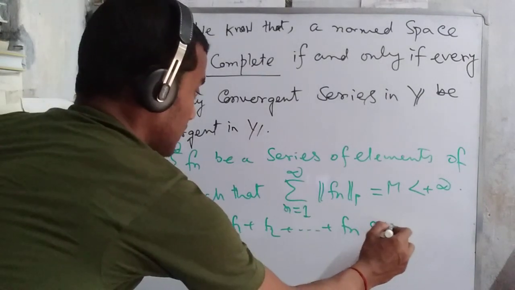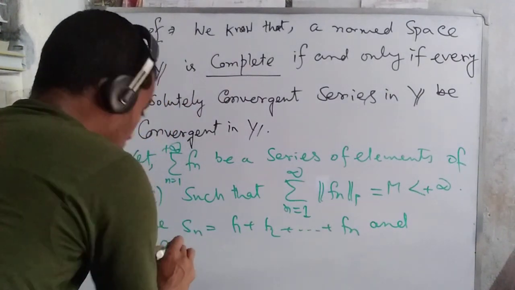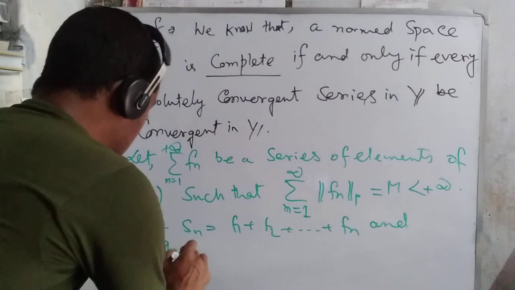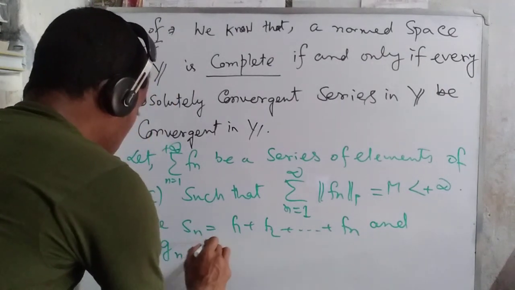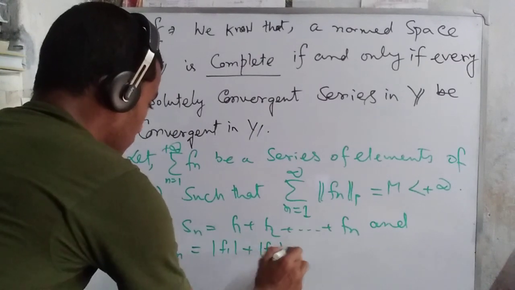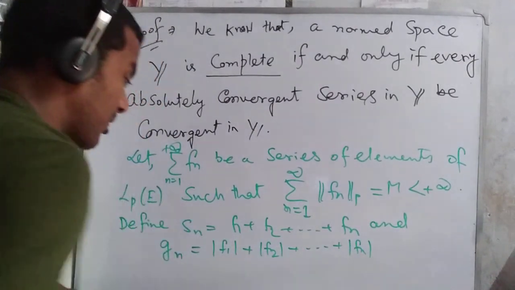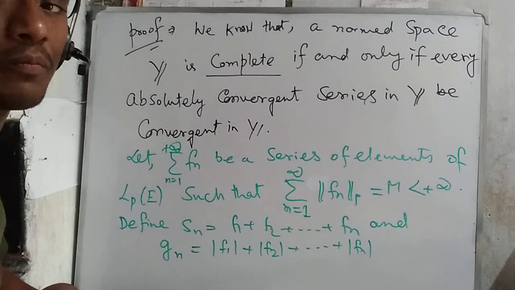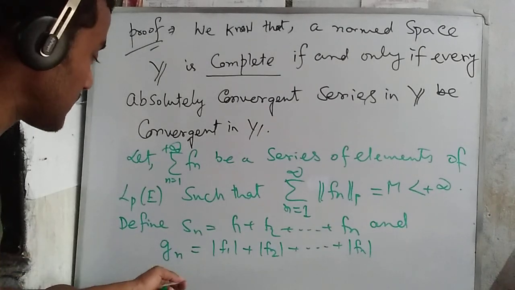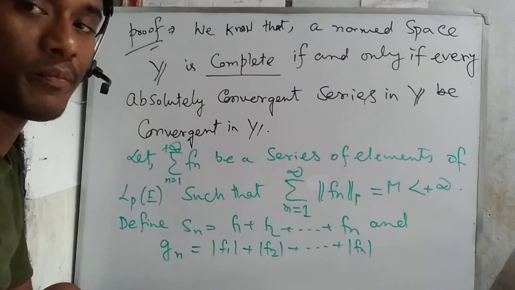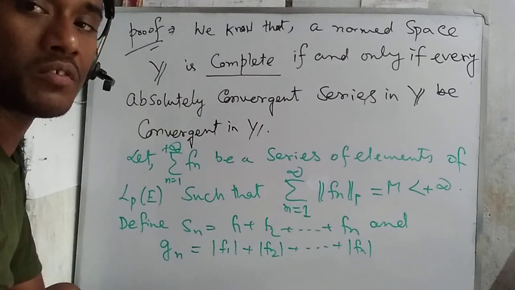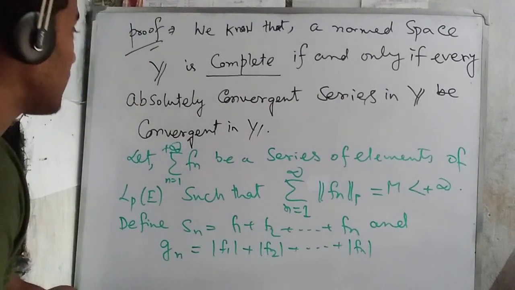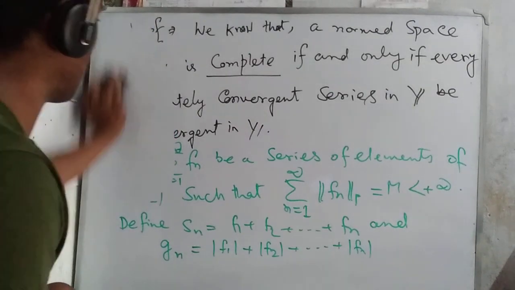And we write g_n equal to mod of f_1 plus mod of f_2 plus dot dot dot plus mod of f_n, the partial sum of the modulus of f_n. The partial sum of f_n represents S_n, the nth partial sum.